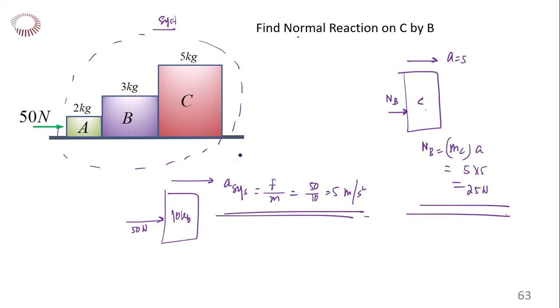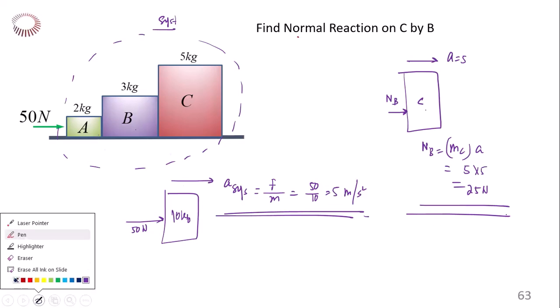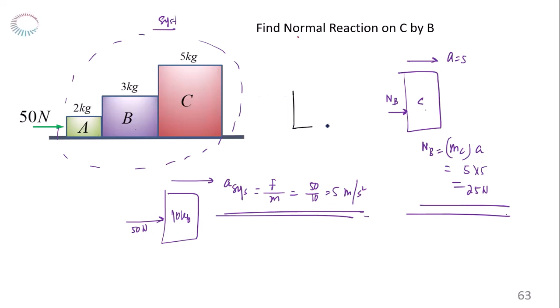Similarly, if I want to calculate the normal force acting on B by A, I draw the free body of B. B has two contacts, one over here and one over there. On this side the normal is given by A, and on the other surface the normal is reversed. Why? Because this NB and that NB are action-reaction forces.